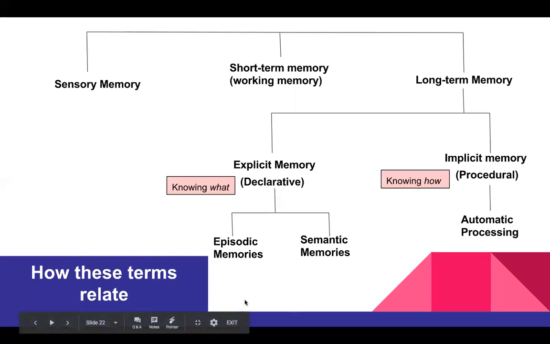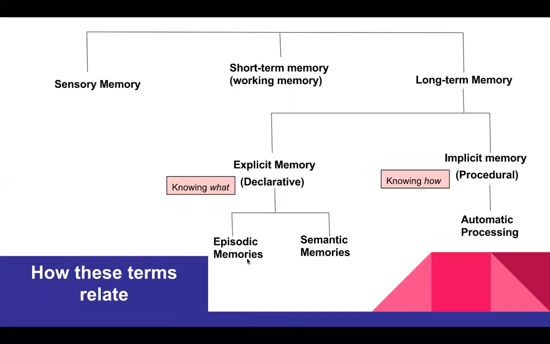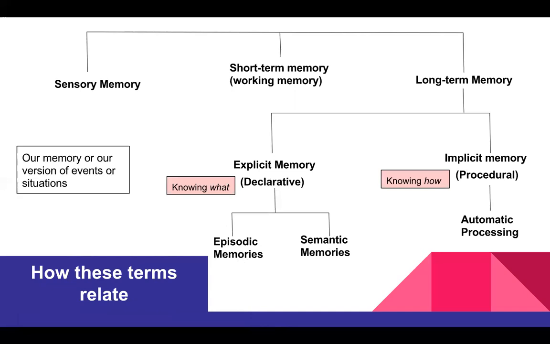Now moving down to episodic memories. What's the difference between episodic memories and semantic memories here? They are all part of explicit memory. Episodic memory is our version of events or situations. Remember, it's like autobiographical.